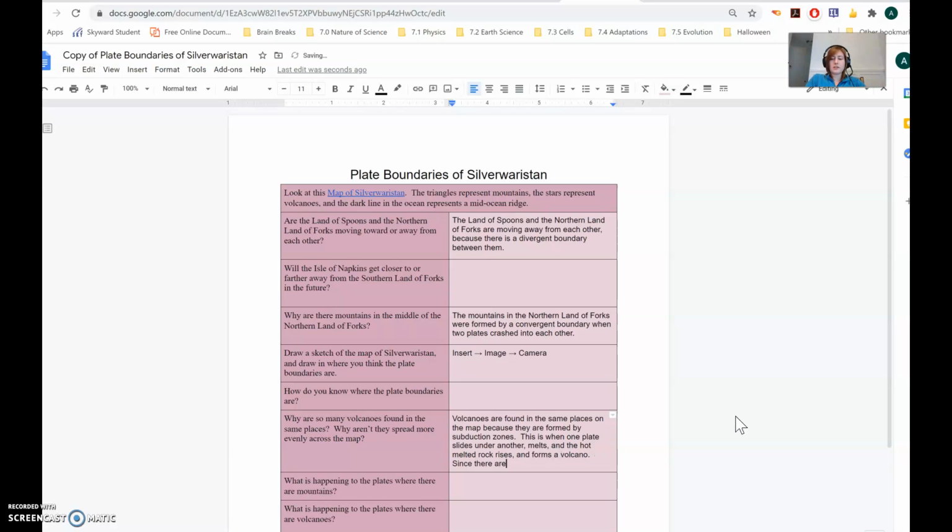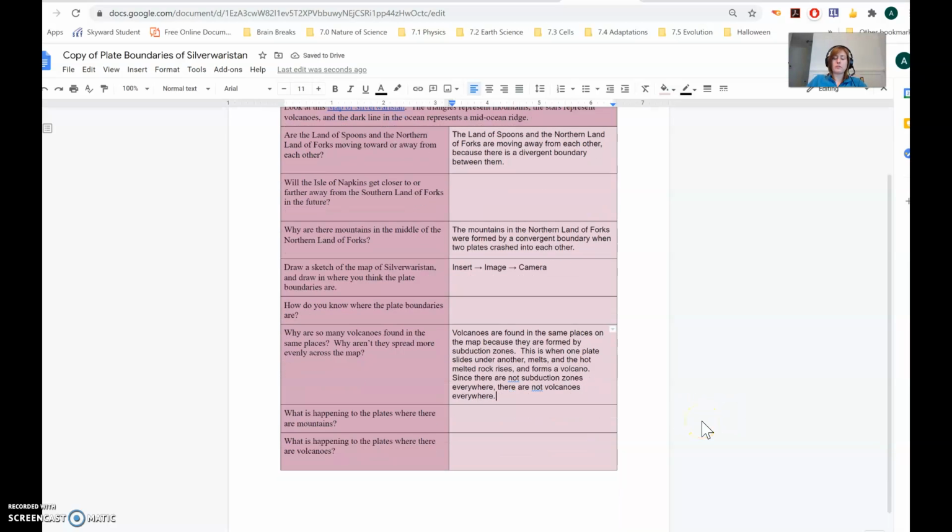Since there are not subduction zones everywhere, there are not volcanoes everywhere.